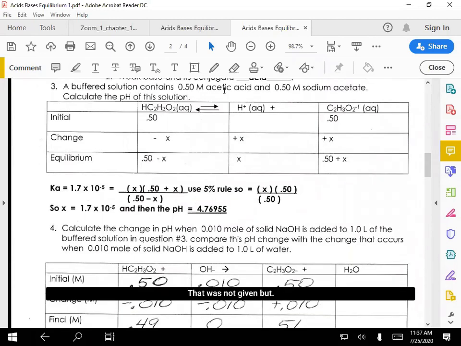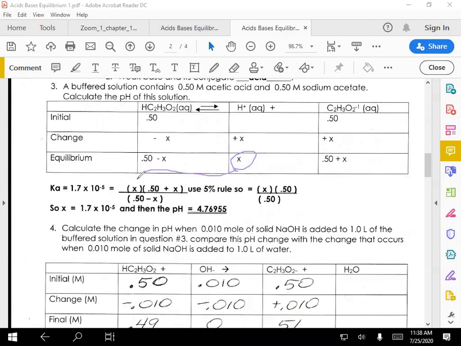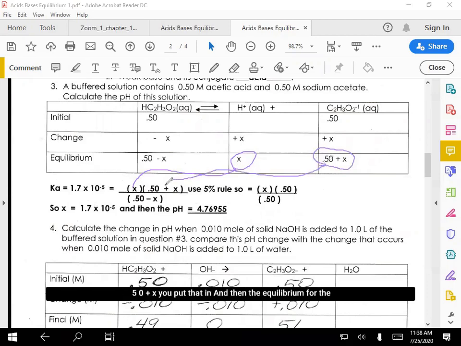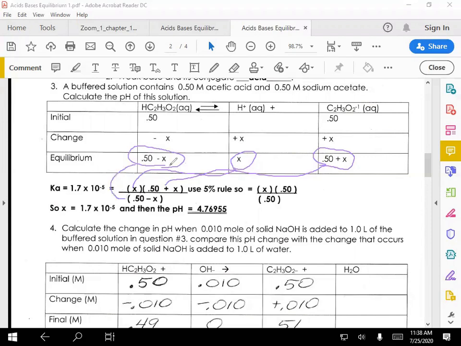That was not given, but we know what it is because we've used it so much. So here's the Ka for acetic acid, 1.7 times 10 to the minus 5. And then we would set up our equilibrium for the H plus with x. Our table says the equilibrium for the acetate was 0.50 plus x. We put that in. And then the equilibrium for the acetic acid was 0.50 minus x. We put that in.